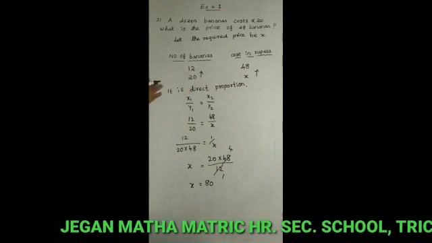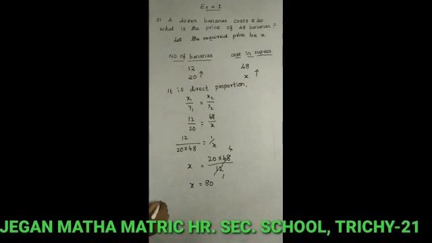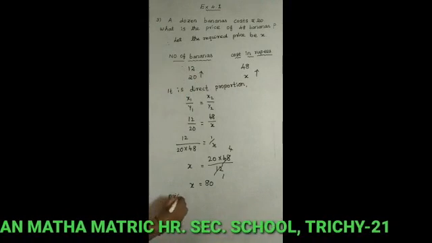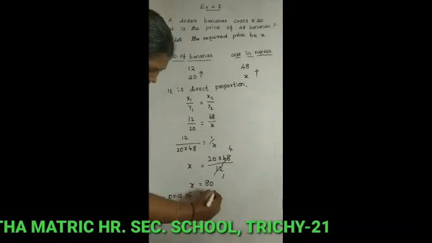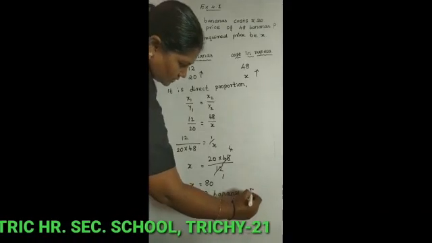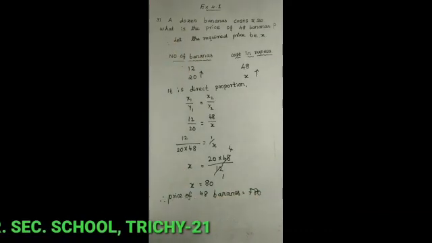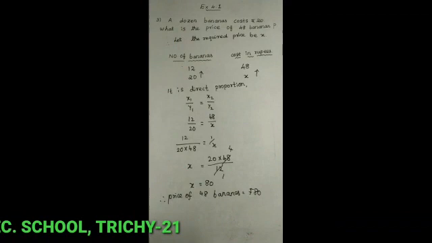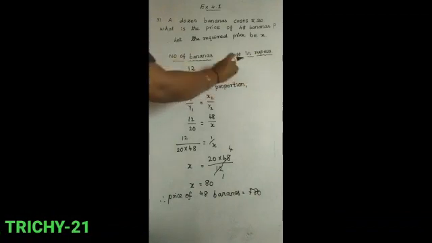Here 48 bananas is costing rupees 80. So therefore the price of 48 bananas is equal to rupees 80. So then we consider the number of bananas. 12 bananas cost is rupees 20.